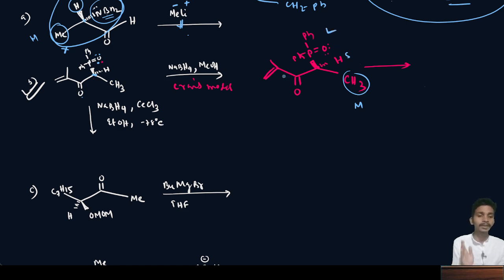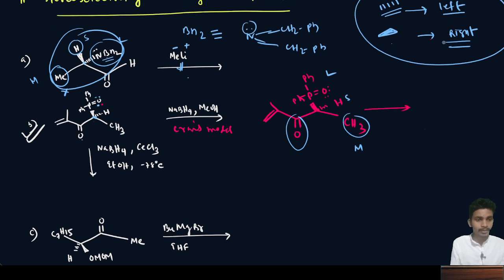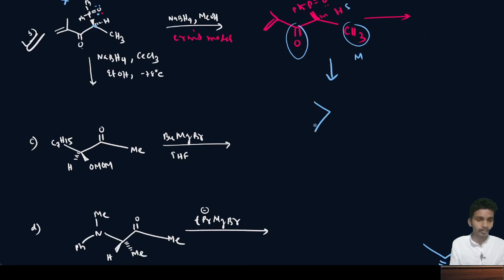So since here Cram's chelate model is not followed, simply Cram's model is followed. So what we have to do is make this large group syn to the carbonyl group. Also we know that this is always right, this is always left. Now I bring these compounds, this.